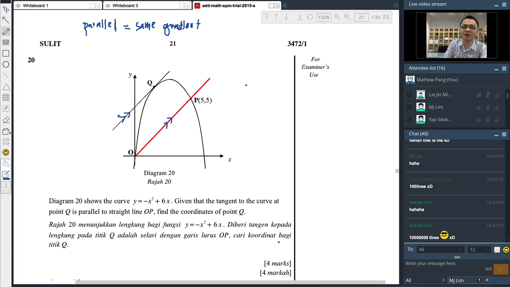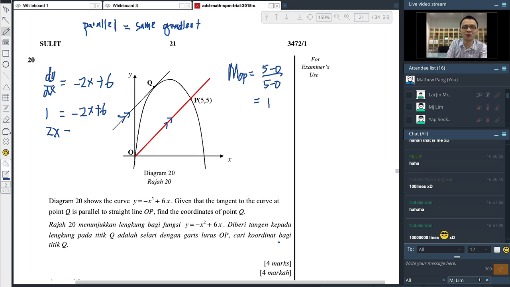So I will try to find the gradient for OP first. 5 minus 0 divide 5 minus 0. Basically my gradient is 1. Since the line is tangent to the curve, in order to find the gradient at Q, I will do dy/dx. dy/dx, I will get negative 2x plus 6. Since they have the same gradient, dy/dx equals 1. So negative 2x plus 6 equals 1. So 2x equals 5. x equals 2.5.